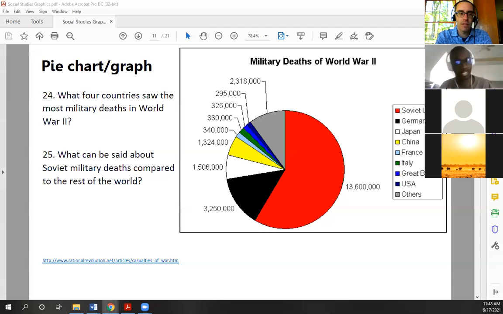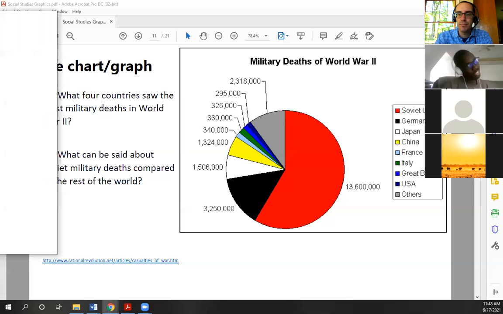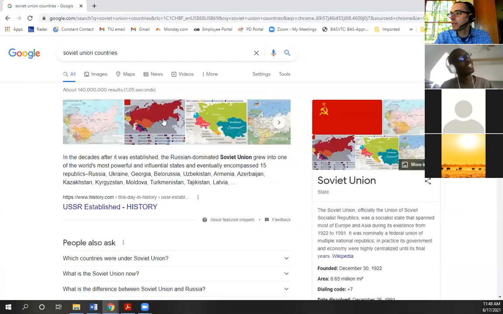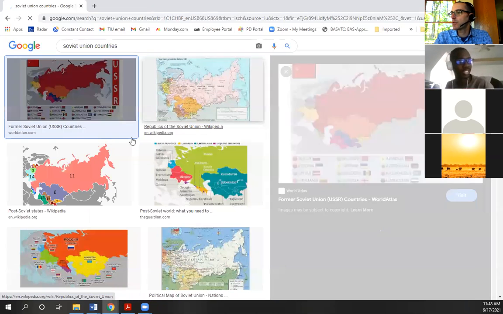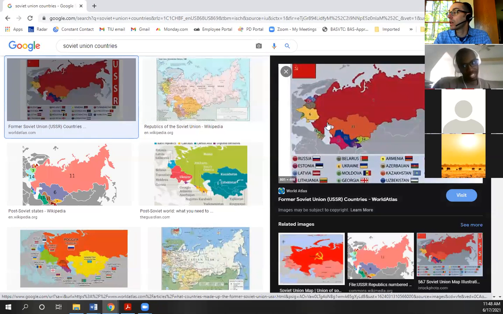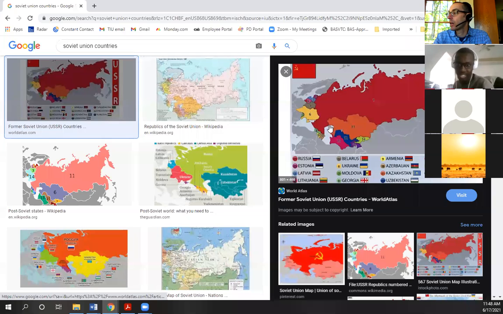Let's look at the Soviet Union countries. Let's see if I can find a good map here. These countries were in the Soviet Union, and then they broke up, right? So you have Russia, the big one, the largest country in the world by geography, and also Estonia. Then a bunch of other very small countries that we don't really worry about very much.